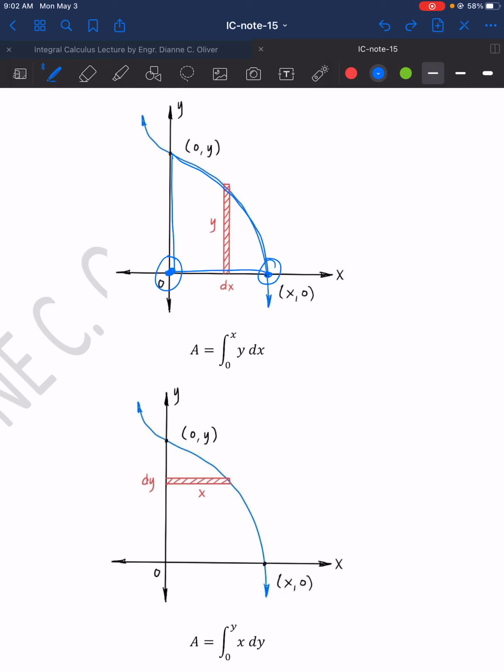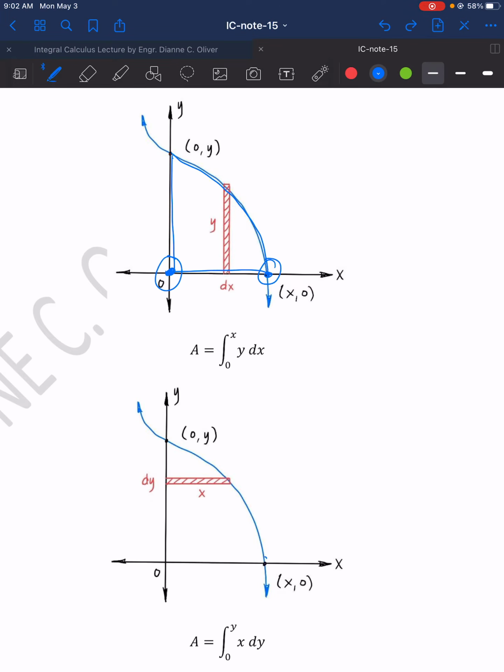Now for horizontal area strip, we have here x dy. So x dy, therefore, we are using the y1 to y2 as the limits. Now for the limits for y1, again, the lower limit, it is the intersection of the boundaries that is the lowest.